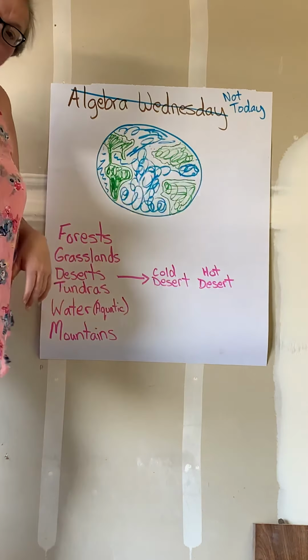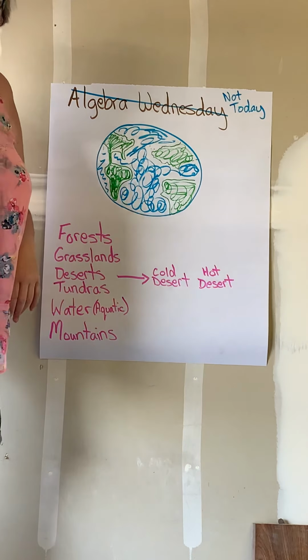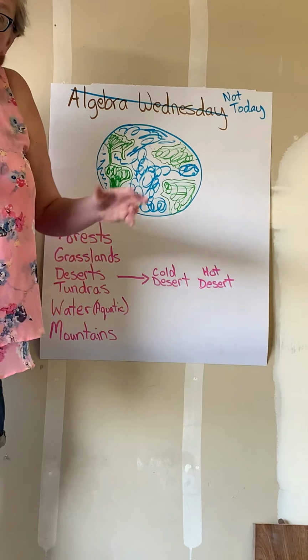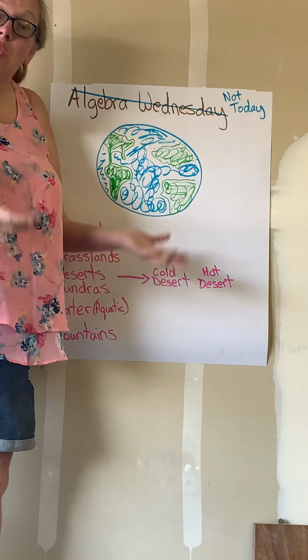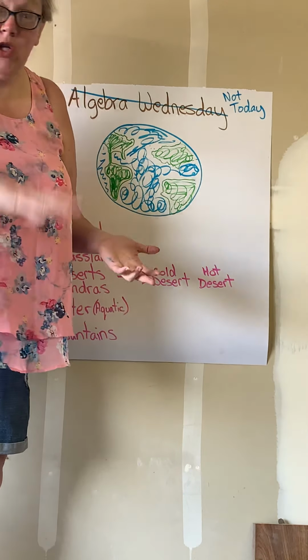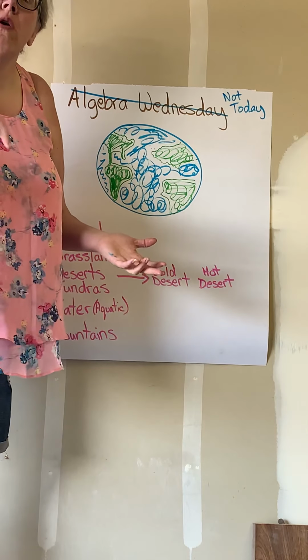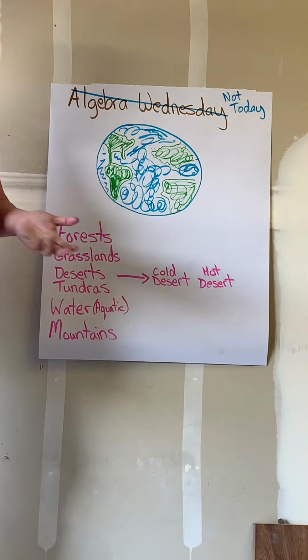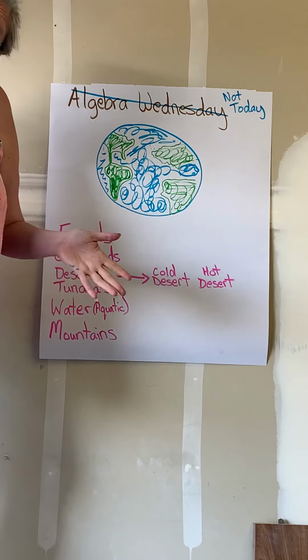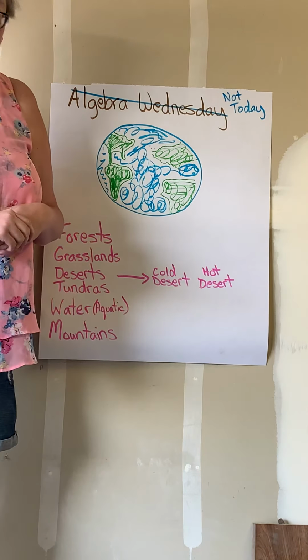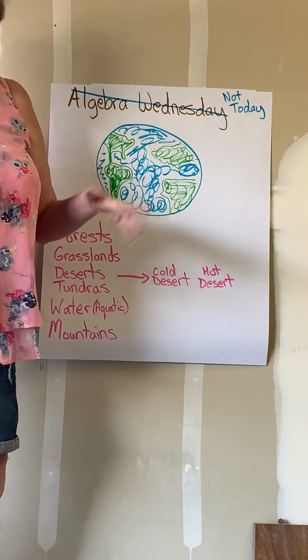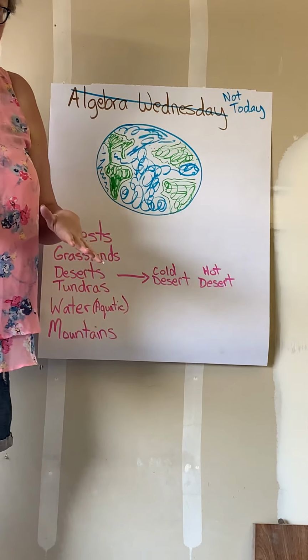Okay, we live in a cold desert because in the winter it gets cold. We do get snow. Now, if you go to what's called the Mojave Desert or the Sahara Desert in Africa, they don't get snow. No, it's hot all the time, okay?